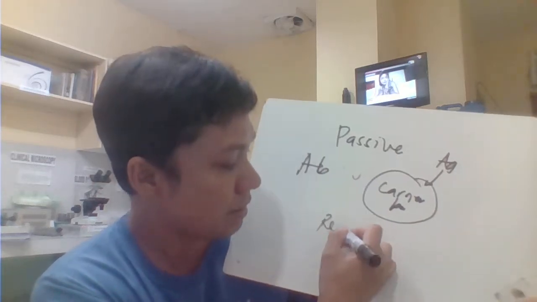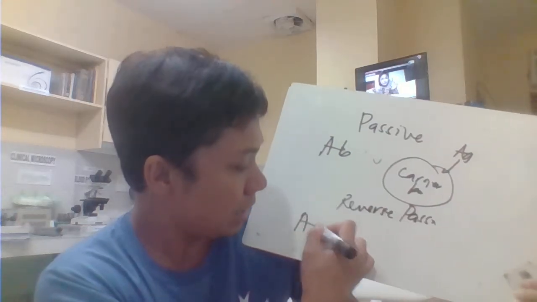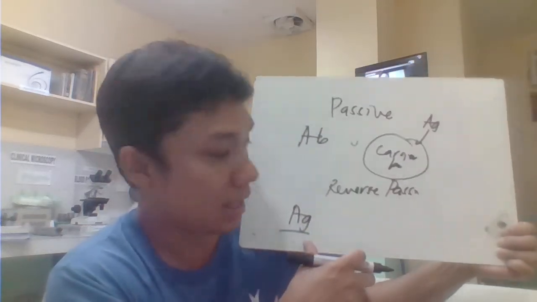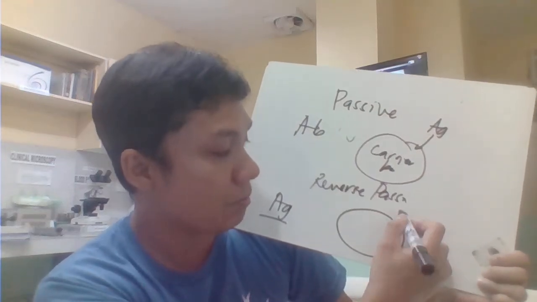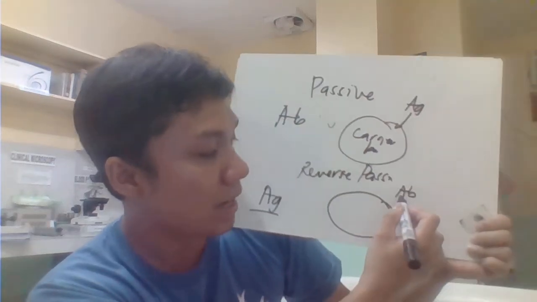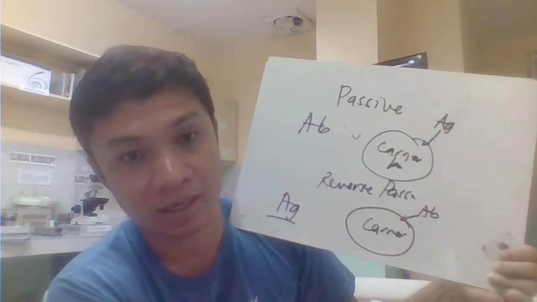Pag reverse passive naman, you are detecting for antigen. Ito ang dinidetect natin. Since we're detecting for antigen, our reagent here would be an antibody. But your antibody dapat naka-attach siya sa carrier particle natin.